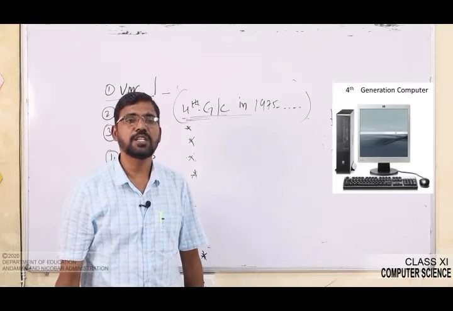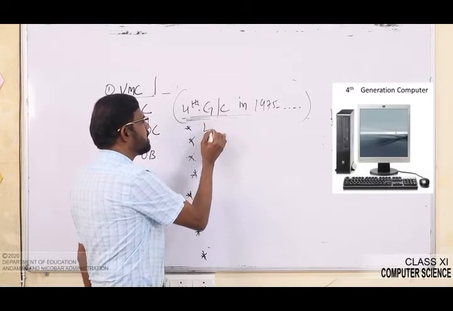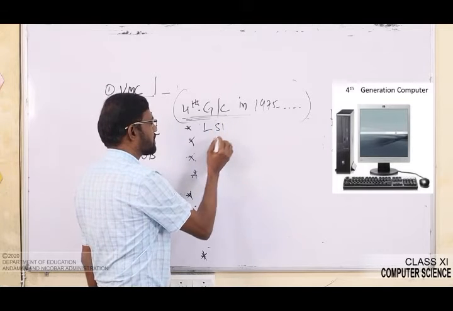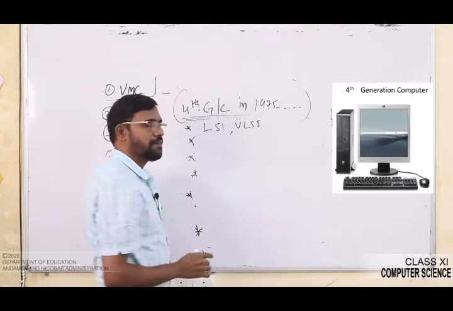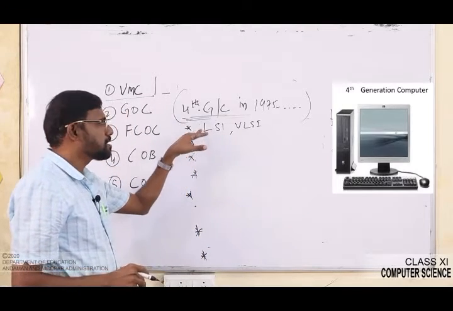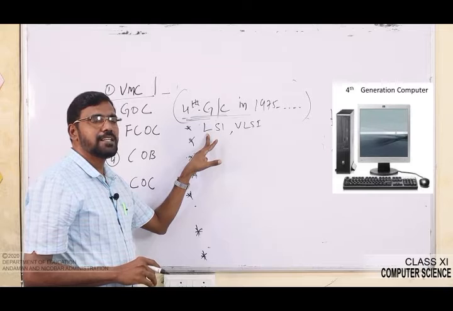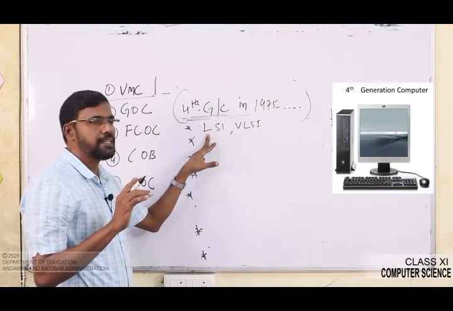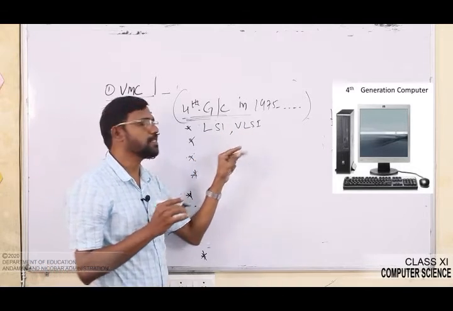The fourth generation computer, what is the major change? LSI and VLSI. Where the third generation was small scale integration and medium scale integration, here is large scale integration and very large scale integration.